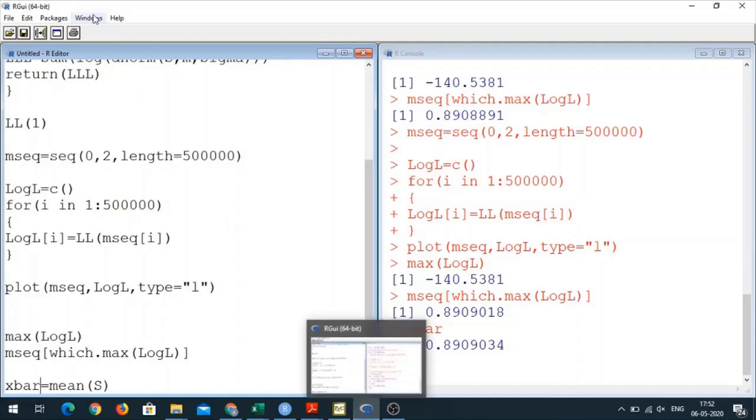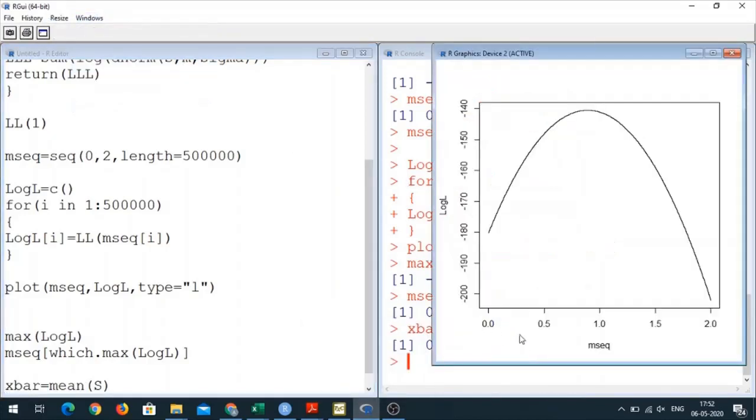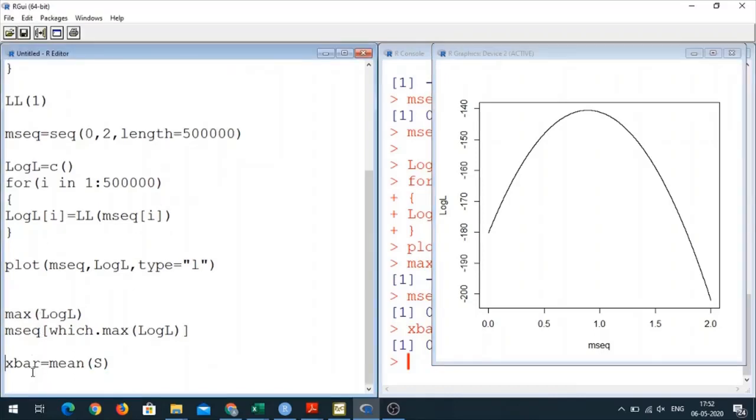This is how MLE works. You try different values of the parameter and see at which value of the parameter the maxima is there. If you want, you can indicate this value in the graph. So maybe I can draw a vertical line and a horizontal line at both these places.